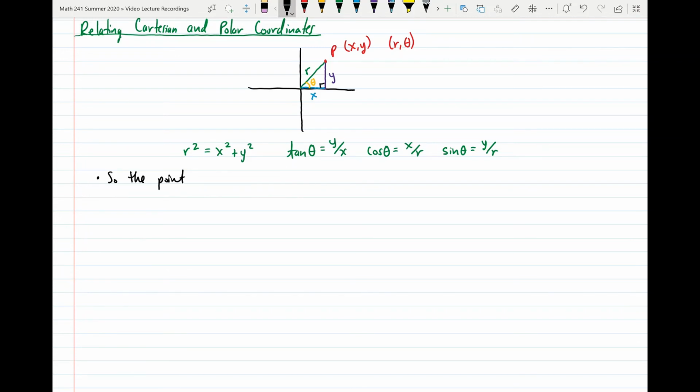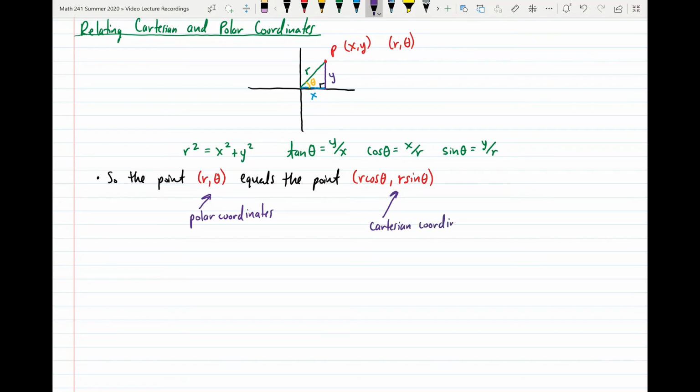So the point, say we have a point represented by the ordered pair r theta in polar coordinates, equals the point, I should write that in red, equals the point r cosine theta, r sine theta, where this ordered pair is in polar coordinates and this ordered pair is in Cartesian coordinates.